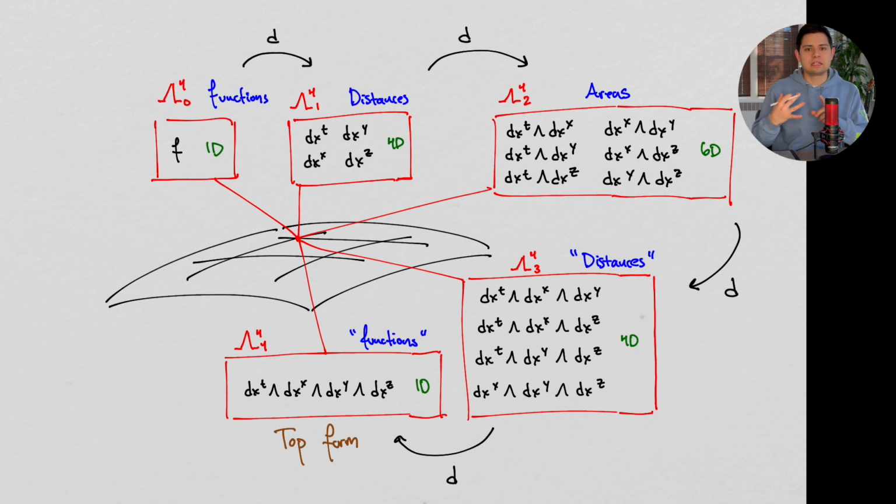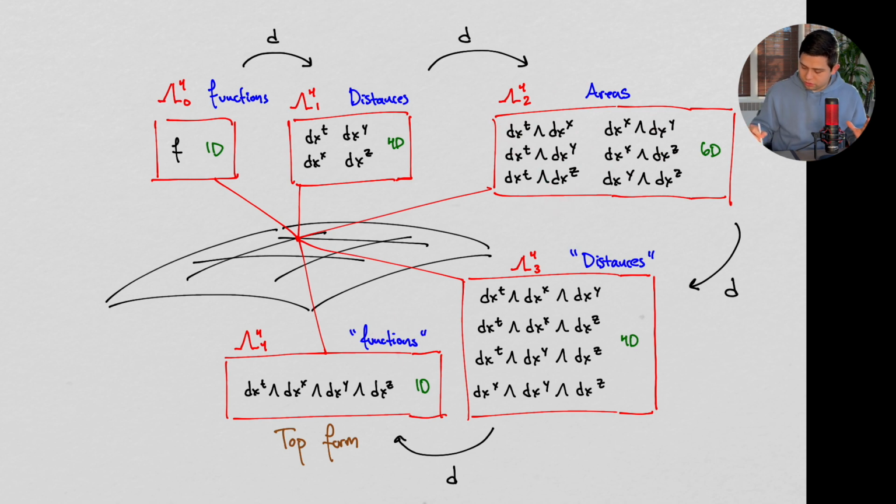We have dt, dx, dy, and dz. So that means we have a 0 form, a 1 form, a 2 form, a 3 form, and a 4 form. This is all to say that functions are the 0 forms, small distances are the 1 forms, and areas are the 2 forms.